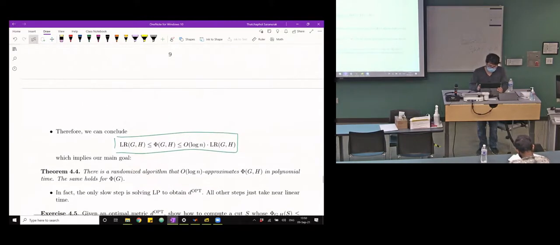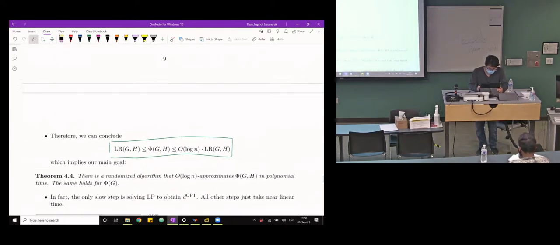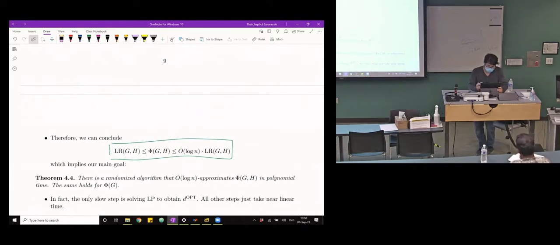By the way, this algorithm is not too fast, right? You need to solve an LP. It seems not fast, not like the thing we want in this class that much. But you will see fast algorithms later in class.